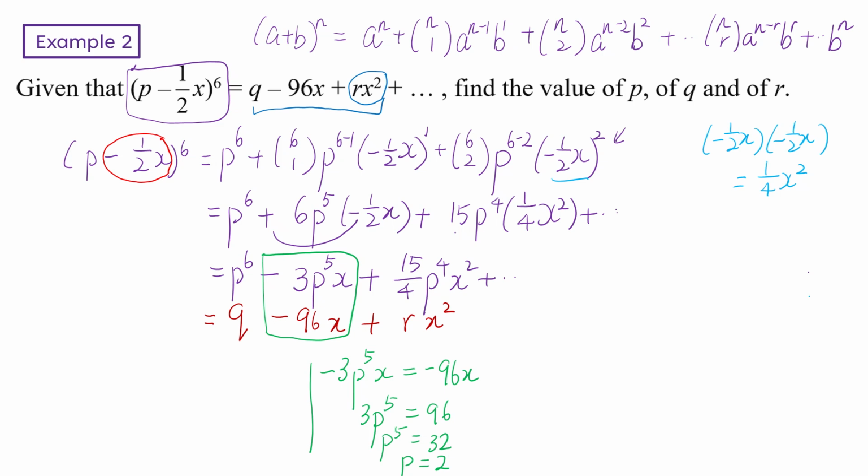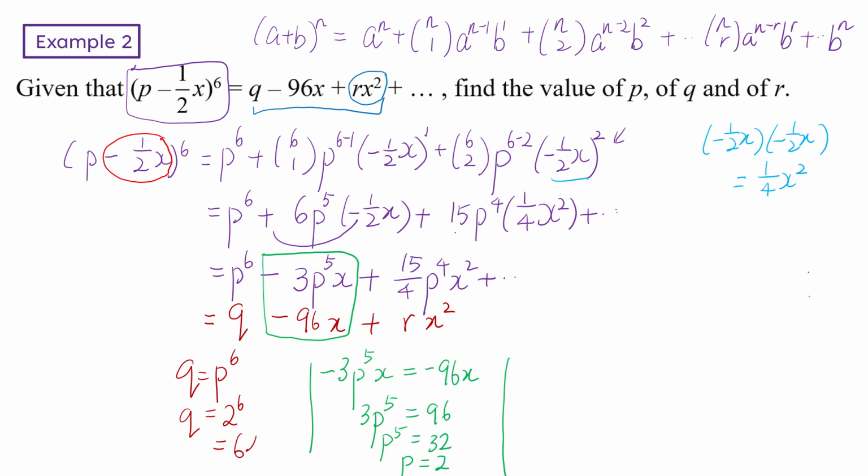It's just basically on your calculator, press 32 power 1/5, 1 divided by 5. You will get 2. All right. So having found our p, we can go on to find q. So q equals p to the power of 6, which equals 2 to the power of 6. And that will give you 64.